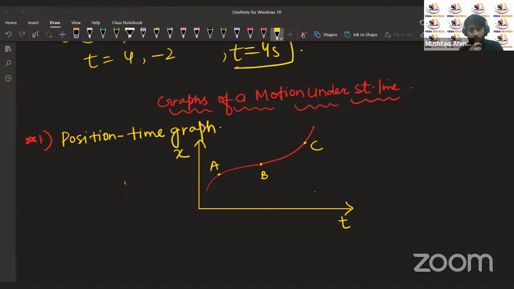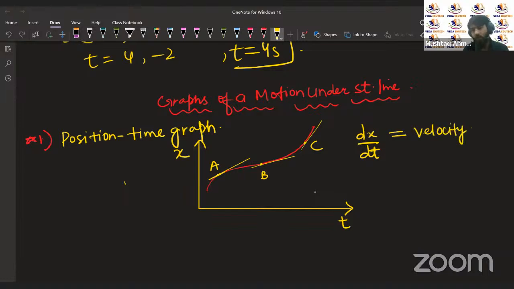Suppose this is the tangent at A, this is the tangent at B, and this is the tangent at C. So the derivative of this position time graph, dx over dt, represents the velocity.